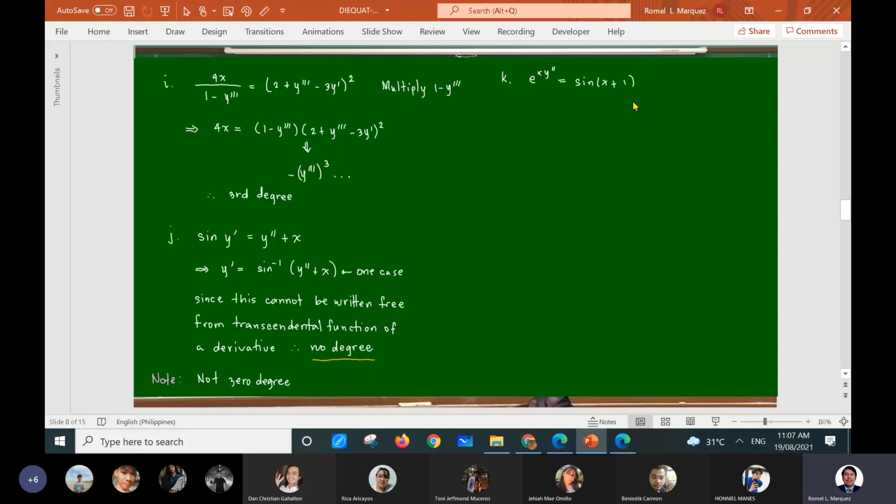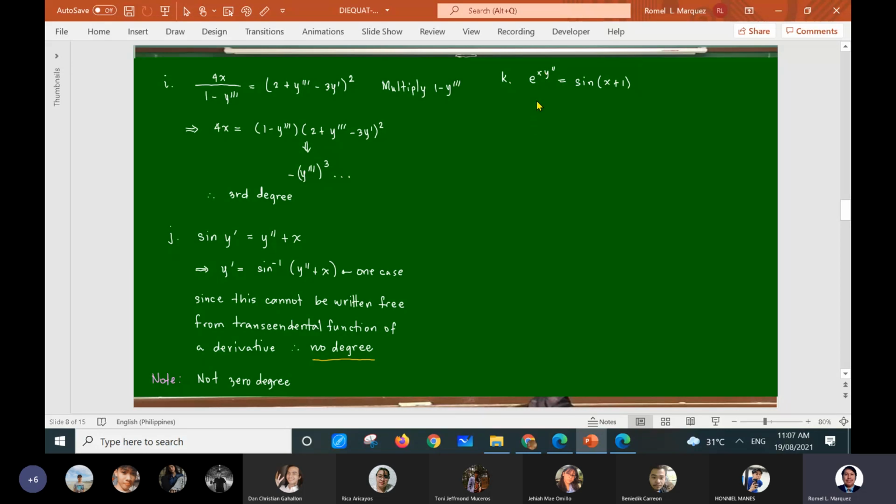What about this? This is transcendental, no? What transcendental? Exponential. So there is a derivative in this exponential function, which is part of the exponent of e. So can I make this without e?